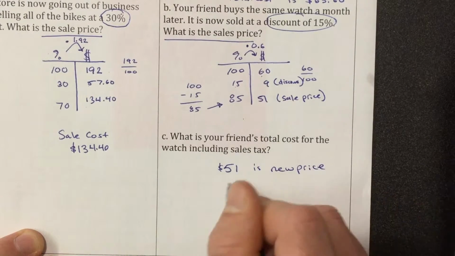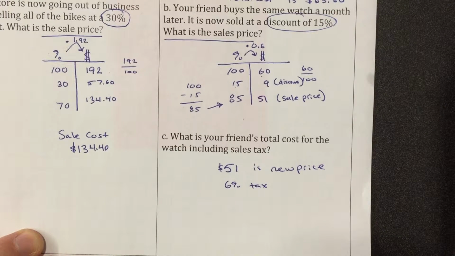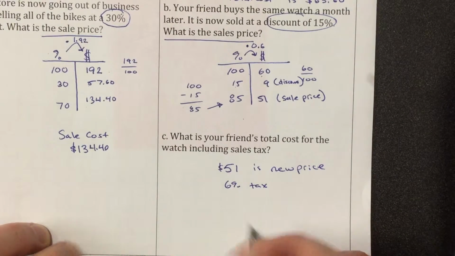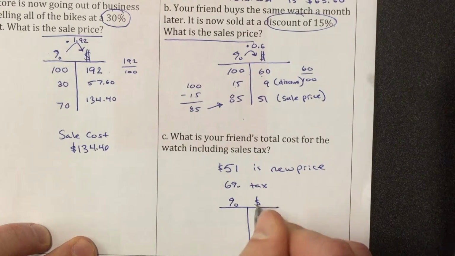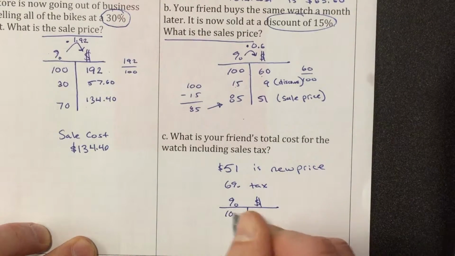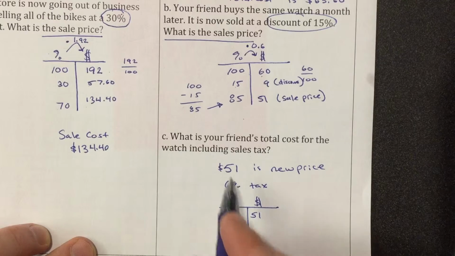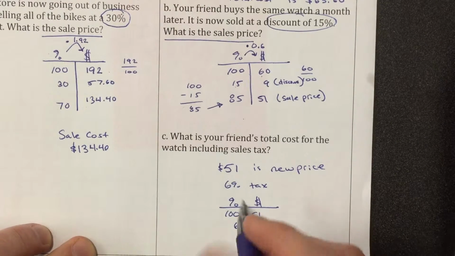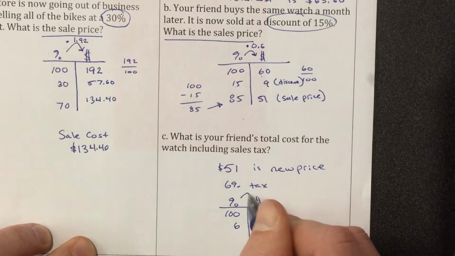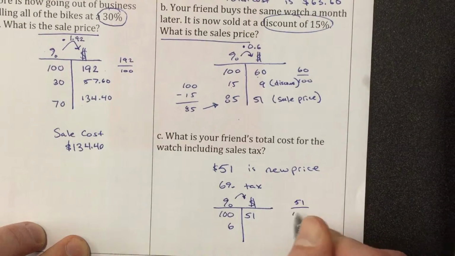And he'll have to pay 6% tax. We want to know what's the price after tax. So T-chart, percent, dollars. Your 100% is the $51 now, not the 60, because he's paying only tax on that much. Figure out what 6% is. Goes on this side. Find the constant of proportionality by dividing 51 by 100.